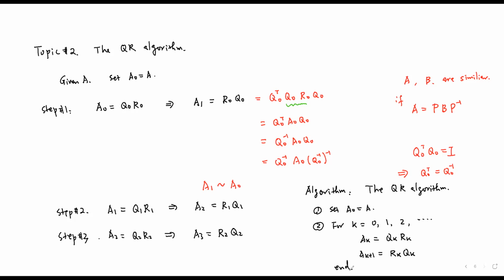And it can be proved that A0, A1, A2, up to AK are similar to each other, so they have the same eigenvalues. It can be proved under some conditions that this AK approaches an upper triangular matrix. The limit is an upper triangular matrix.